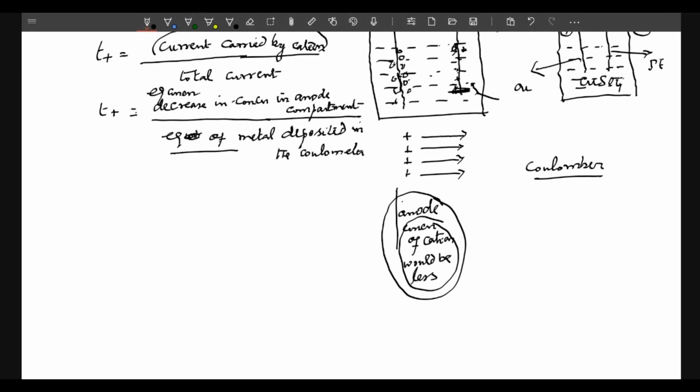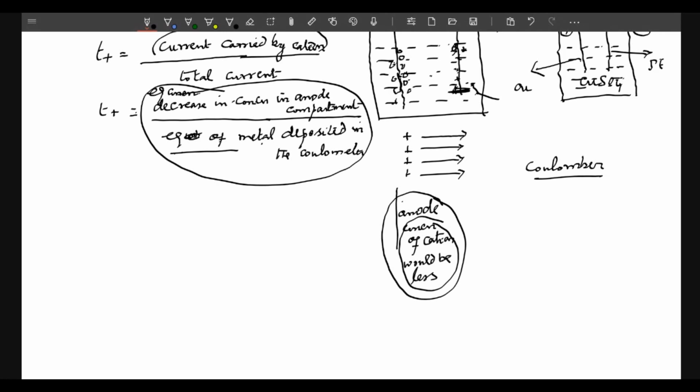If they are the same, you can make use of the decrease in gram concentration. Therefore, T plus has another method. This is the experimental method. You put this relationship in and completely fill this up.